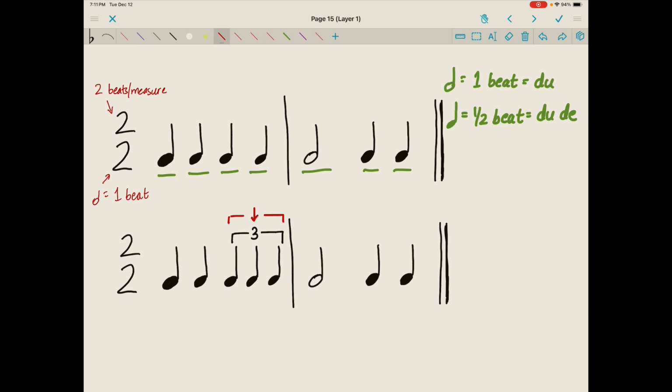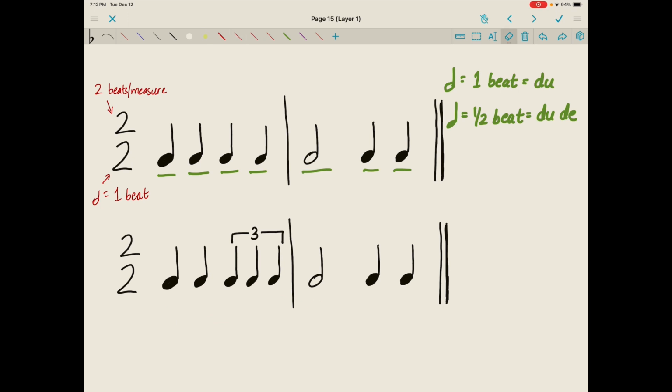With eighth note or sixteenth note triplets, we don't need to have that bracket because they're already beamed together. So using the Gordon rhythm syllables, we would say do, day for these normal quarter notes in simple meter, and then we would use the syllables do, da, dee to demonstrate that these quarter notes are worth just 1/3 of a beat each because the beat is divided into 3 equal parts instead of just 2. And then do, day.